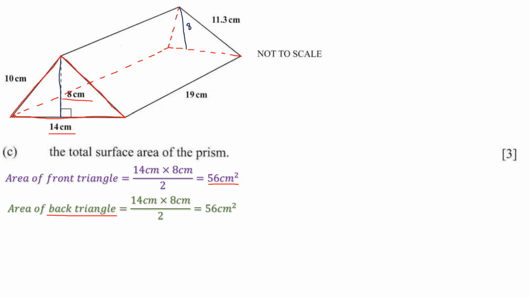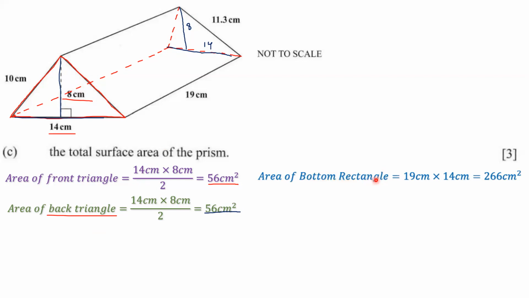And the base is going to be the same as this one, so the base is going to be 14 centimeters. So the area of the triangle at the back is going to be 14 centimeters times 8 centimeters, base times height, divided by 2. So both of them are going to be 56 centimeters squared. So the area of the triangle in the front and the area of the triangle in the back are the same.